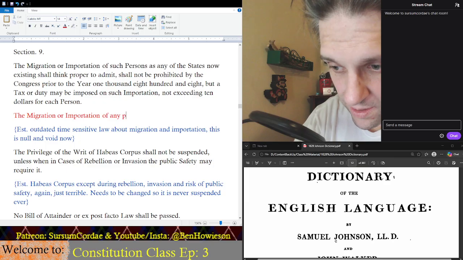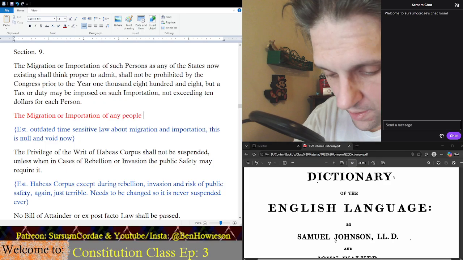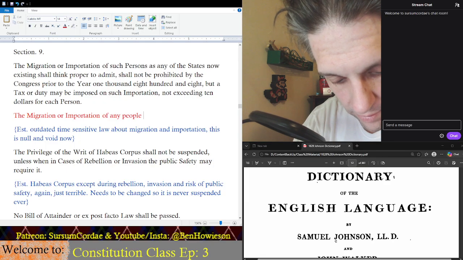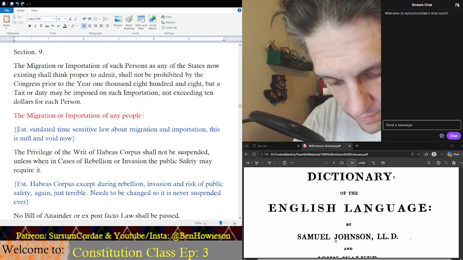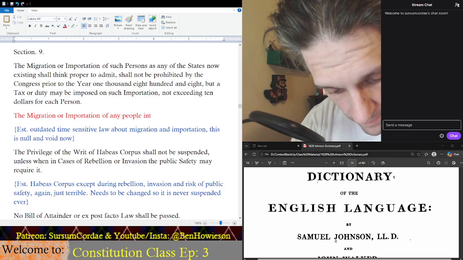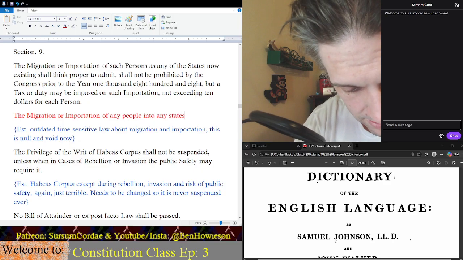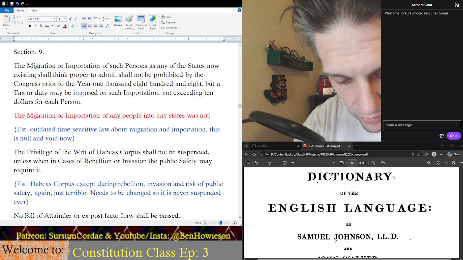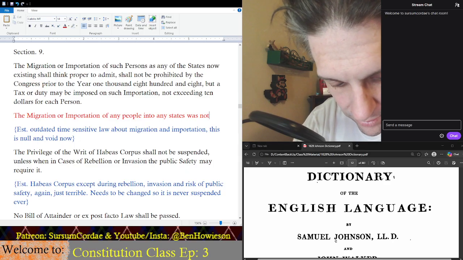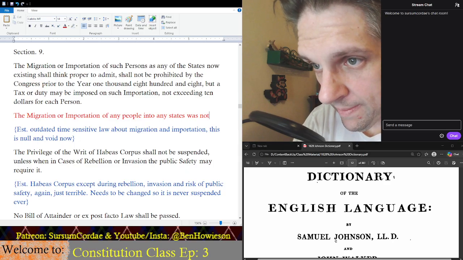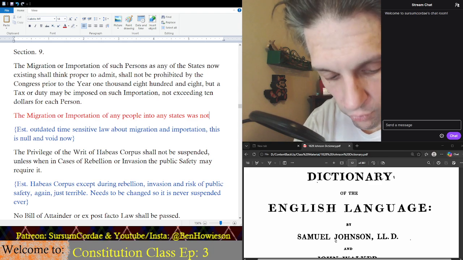Any people, I know it seems silly to try to translate this, but it's still important. Any people into any states. Because we're looking back at this document now, the fact that it's worded in the present or future tense in some places, we're going to be changing that because it's not accurate anymore.